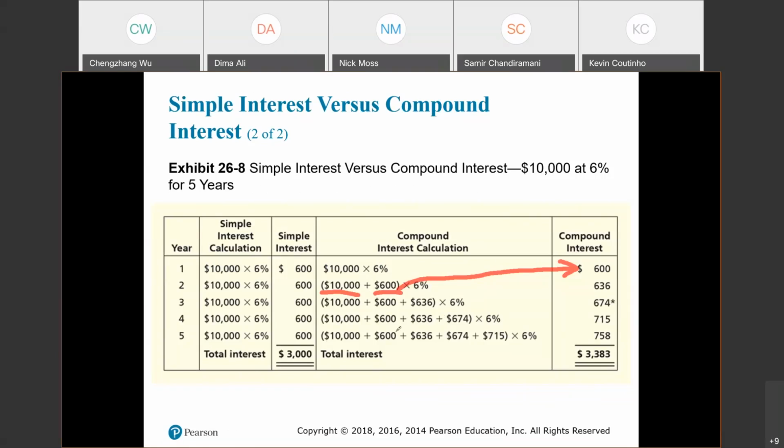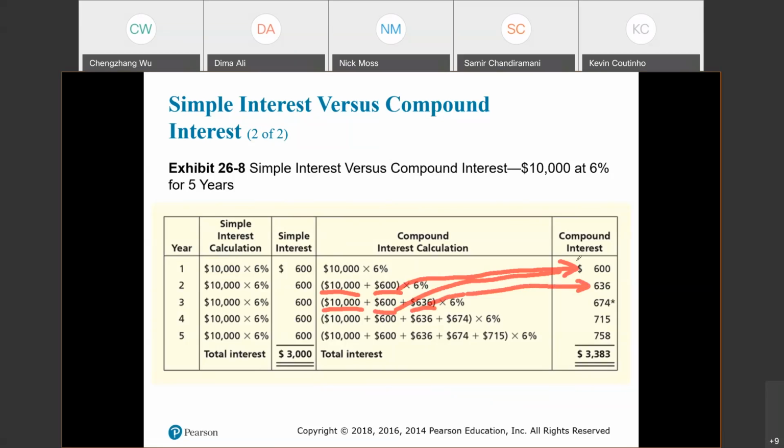For the principal amount in the third year, it uses the initial investment plus the interest earned in the first year plus the interest earned in the second year, which is $636. So this is the difference between simple interest and compound interest.